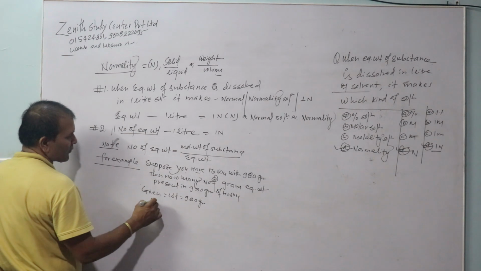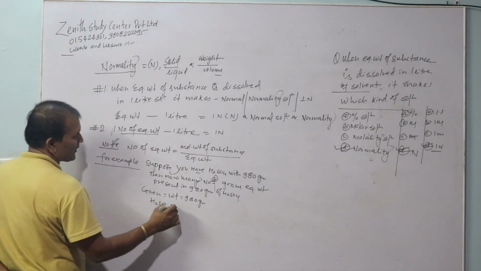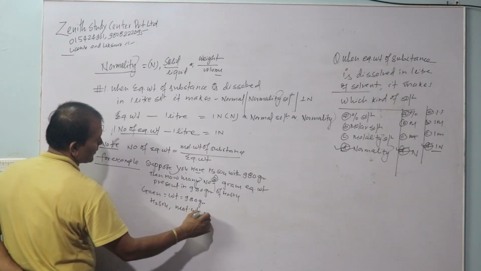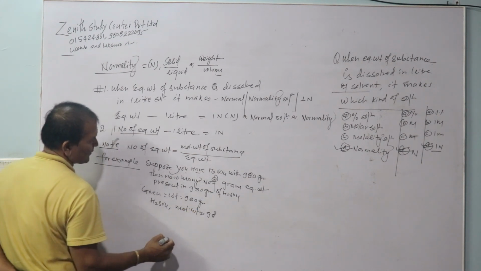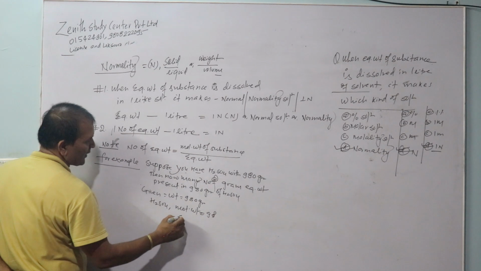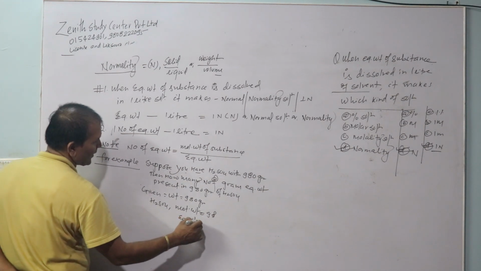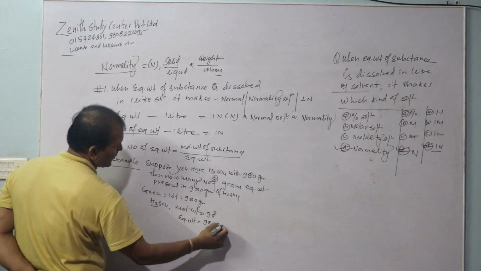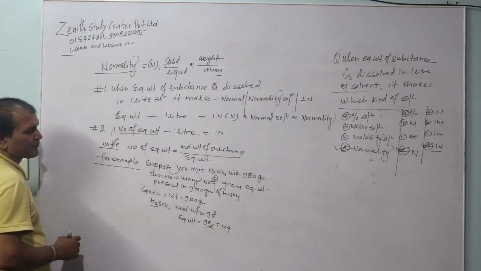Since it is H2SO4, its molecular weight is 98, so the equivalent weight is 98 by 2, which is 49.